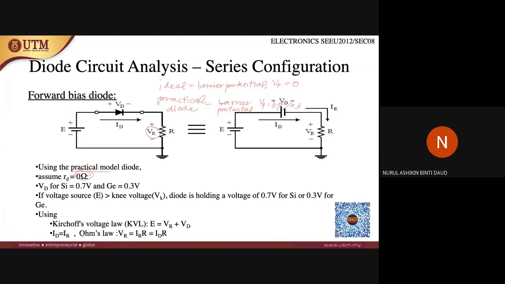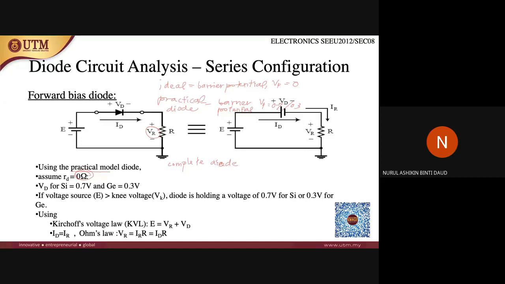In both the practical and ideal cases, we do not take into account the resistance of this diode. Only in the complete diode model do we take into account the value of resistance in this diode. So using the practical model diode, assume that the resistance inside this diode is 0 and VD is either silicon 0.7 or germanium 0.3.